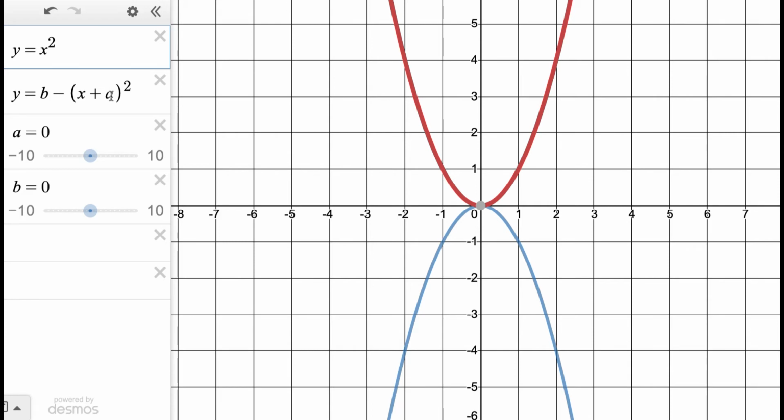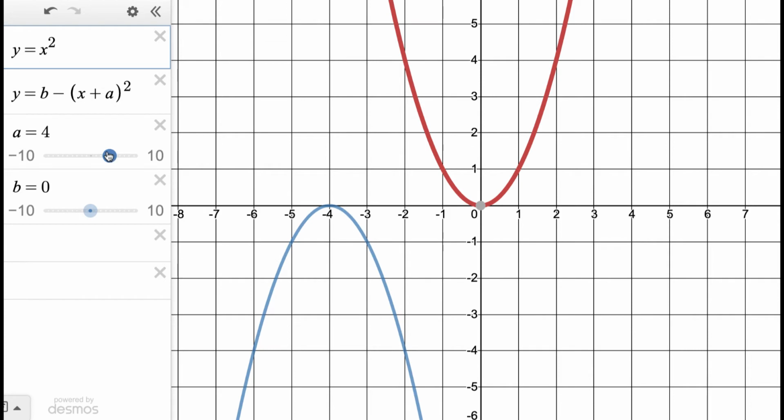Let's have a look now at the plus a inside the bracket. What effect does that have? Let's make a 1, (x plus 2) all squared, (x plus 3) all squared, (x plus 4) all squared, and so on. So you can see that as we increase the value of a, the graph y equals negative x squared moves to the left.